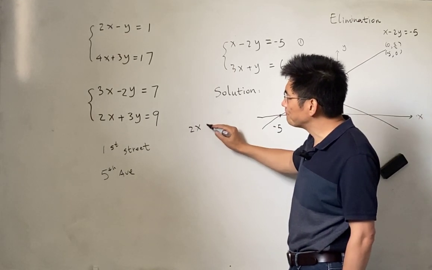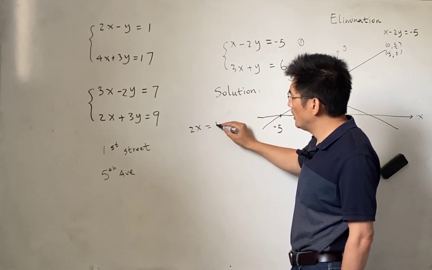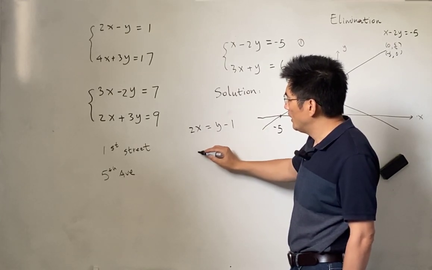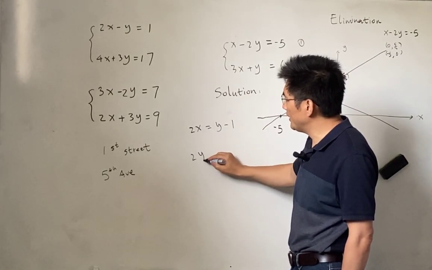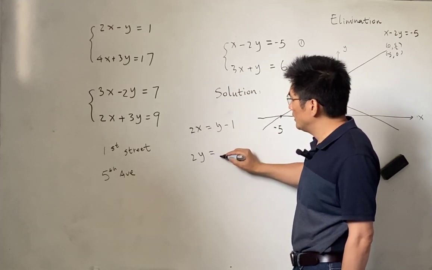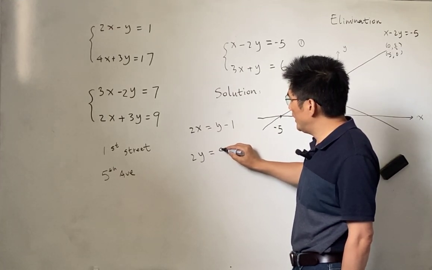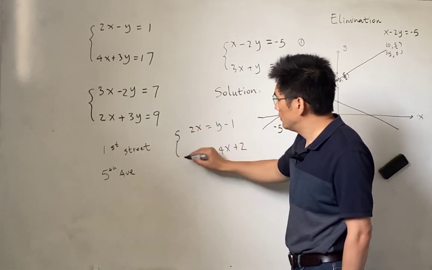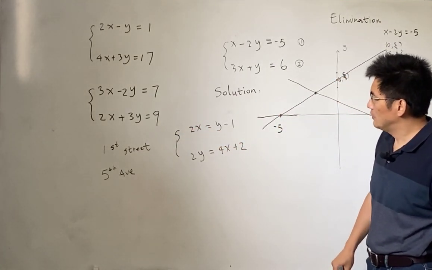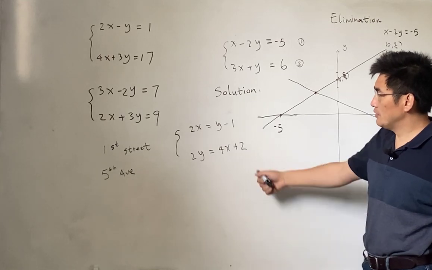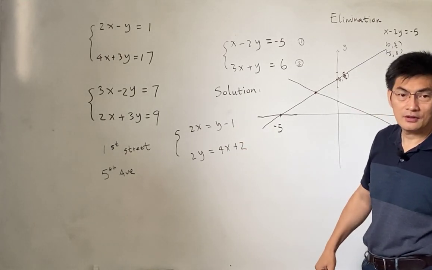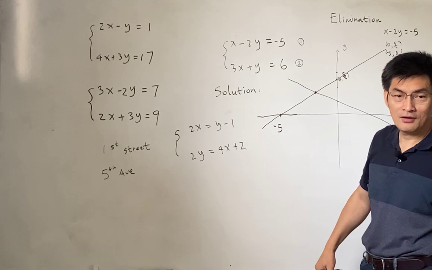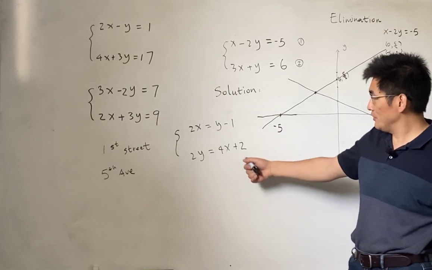So 2x equals y minus 1 and 2y equals 4x plus 2. Okay? These are same equations. Can you see that? These two equations are the same.